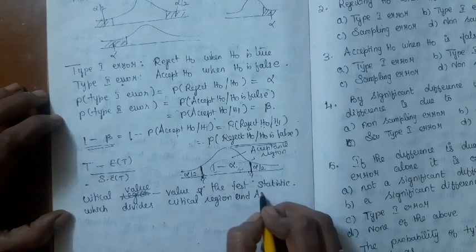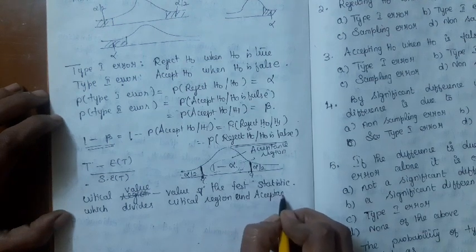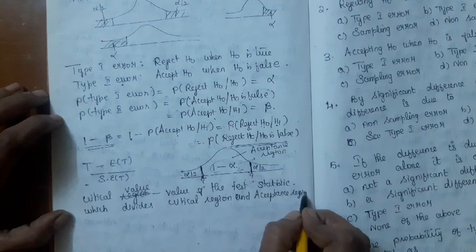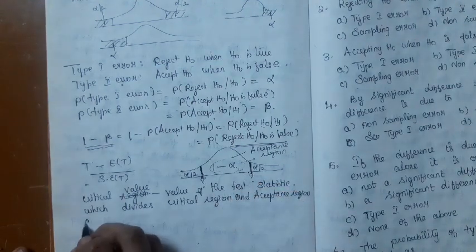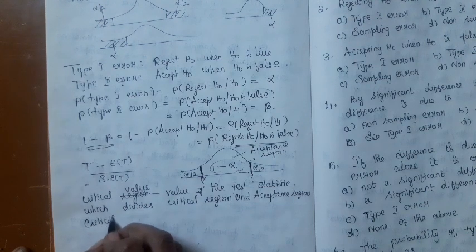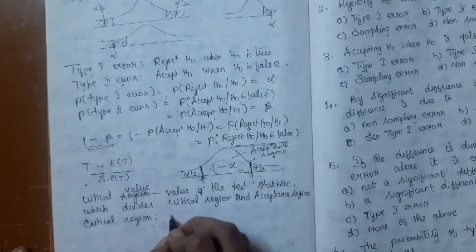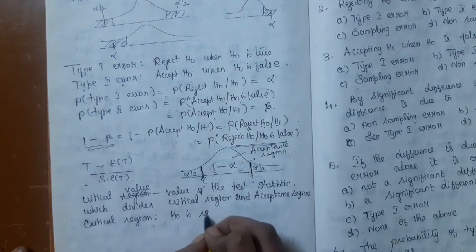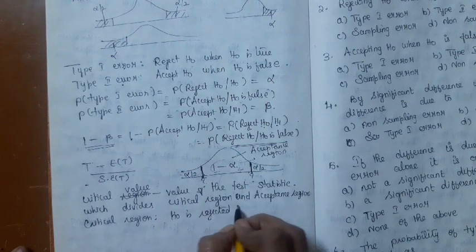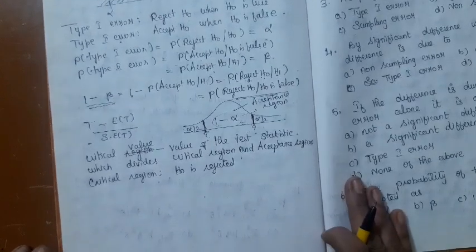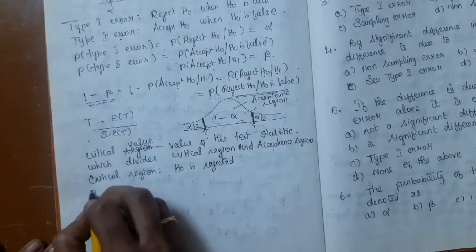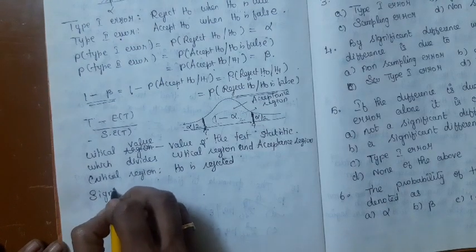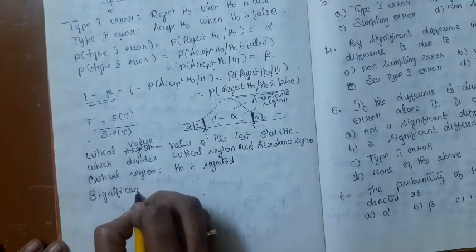So critical region, acceptance region and rejection region are separated by means of a value which is called the critical value. The critical region is the region of rejecting H naught, and the acceptance region is the region where H naught is accepted.